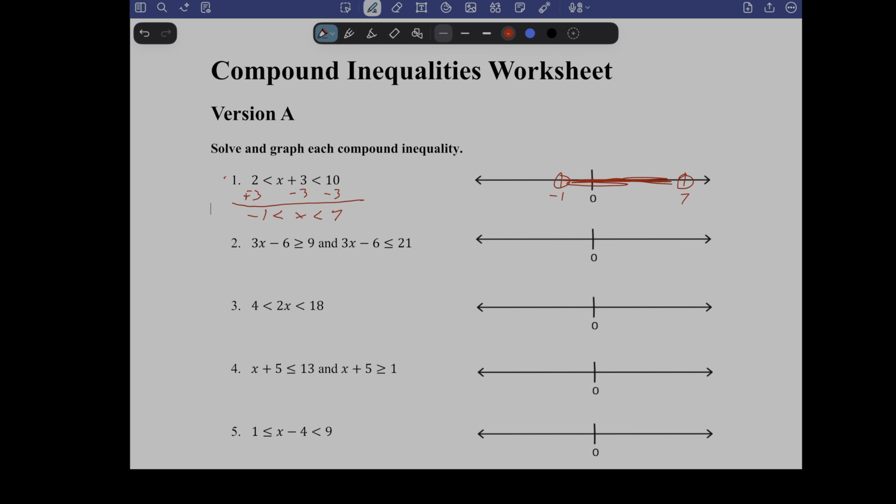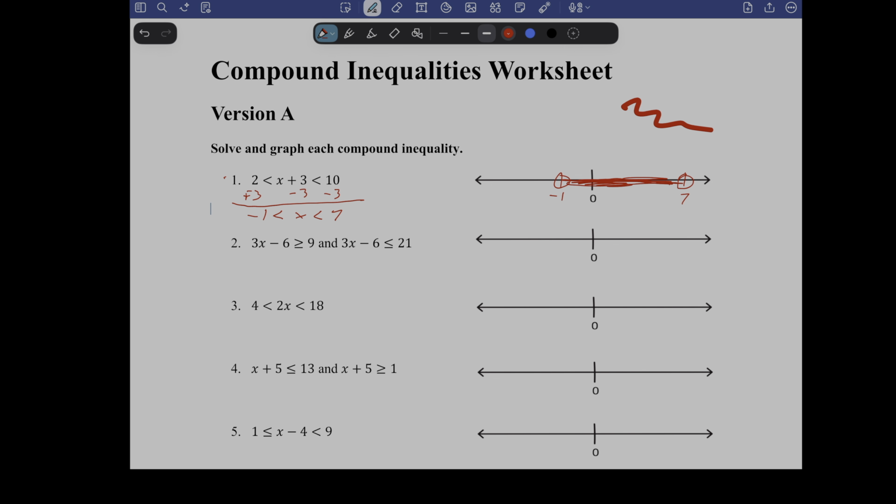The way you would read it, the x's are greater than negative 1, which they are, but they're also less than 7, which they are. If I were to go beyond that, they'd be greater than 7, and it wouldn't work. So this is the only place where it'll satisfy both of the inequalities. I think I'll use a thicker marker, that'll work a little bit better.